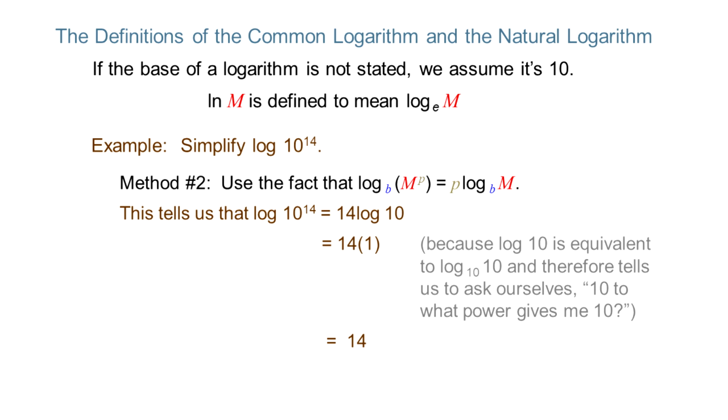Since the answer to that question is 1, I can change the log 10 to 1. Since the sign between the 14 and the 1 is a multiplication sign, I can say that the final answer to this question is 14. Note that this agrees with the answer I got when I worked this problem using the definition of the logarithm.